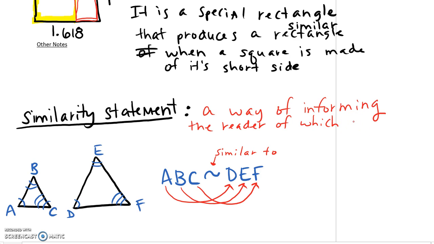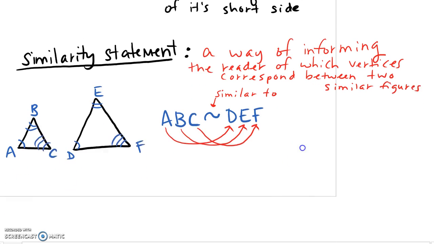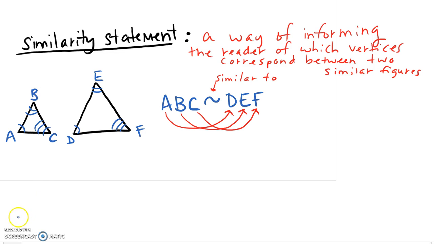You can also call them vertices. Which vertices correspond between two similar figures. Like I said, the order matters. So I'm going to draw another one.